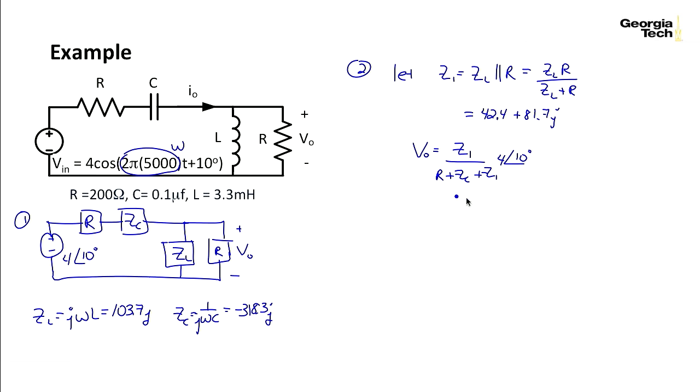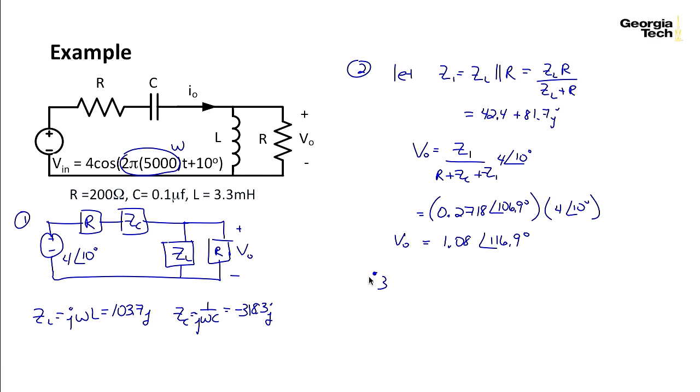When I plug all my numbers in here, I get 0.2718 at an angle of 106.9, and all that gets multiplied by 4 at an angle of 10. So I multiply my magnitudes and add my angles, and I get V out in phasor form: 1.08 at an angle of 116.9.